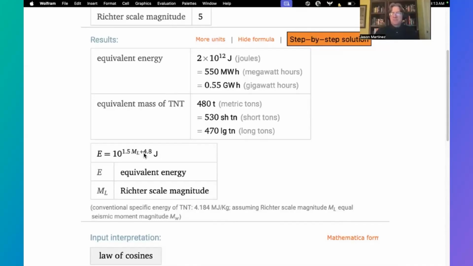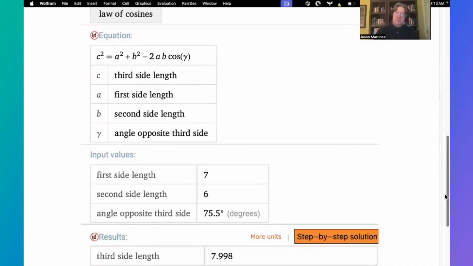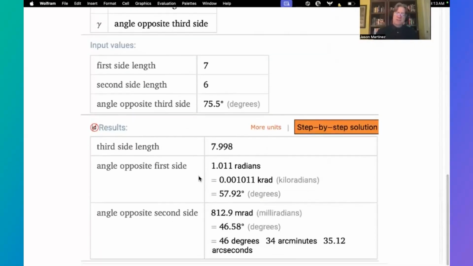This can't be just a simple unit conversion because we're talking about mass of TNT, not energy of TNT. And so we have a hidden equation in this formula that does that calculation. But we can exclude it from the step-by-step in this case. And the same thing with law of cosines, where we have some extra calculations for angles.